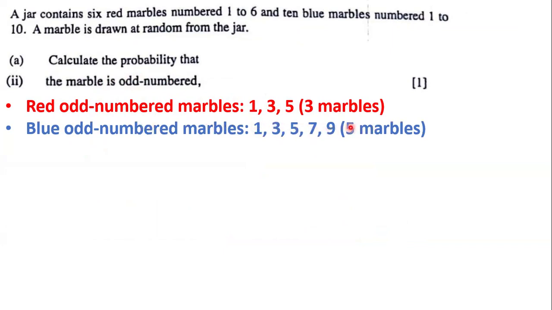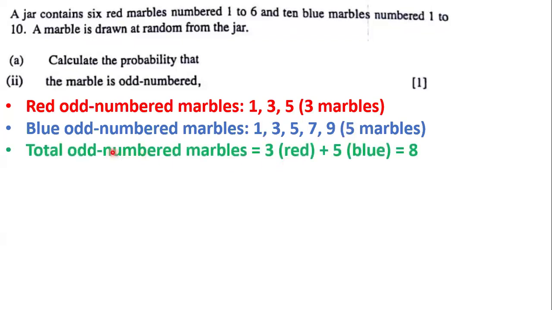So there are 5 marbles that are blue and odd numbered. And so the total number of odd numbered marbles is 3 plus 5, which is 8: 3 red marbles and 5 blue marbles. When we add them together, we get 8. So there are 8 odd numbered marbles.